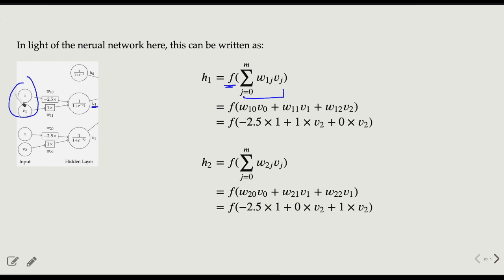So the weighted sum here is minus 2.5 times 1, plus 1 times V1. Now in this particular model, we do not have an input from V2 to H1, so the weight for V2 is 0 here. So this is the value for H1. And we can do likewise for H2 based on the input values of bias and V2. We get it here.